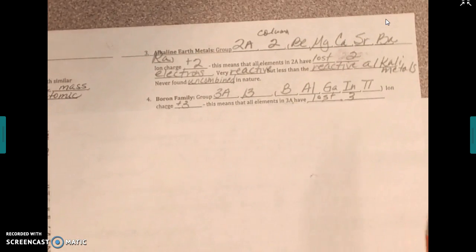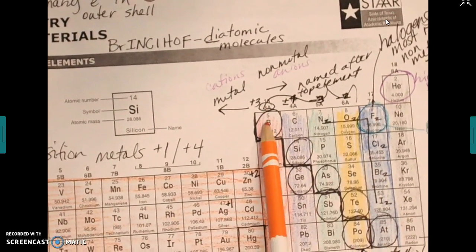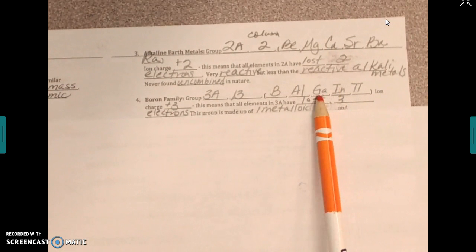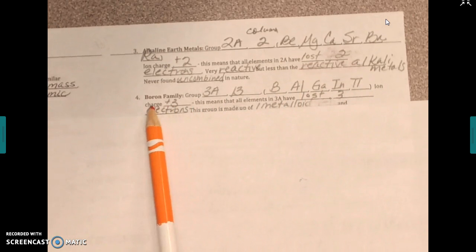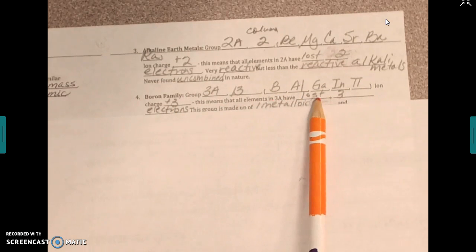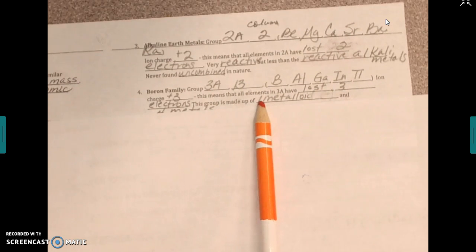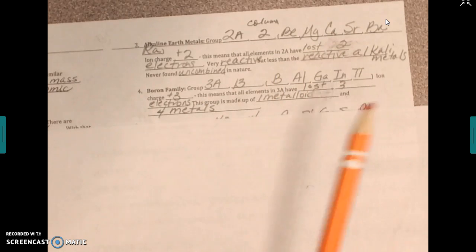The boron family, group 3A or group 13 here, is boron, aluminum, gallium, indium, and thallium. The ion charge is +3. This means that all elements in group 3A have lost 3 electrons. This group is made up of 1 metalloid, that's boron, and 4 metals.